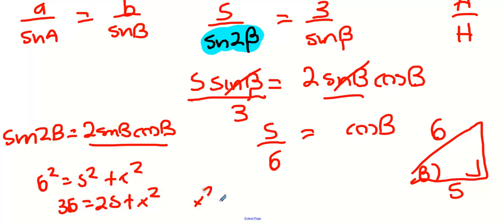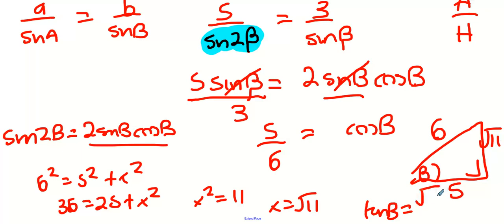X squared equals 11. X will equal square root of 11. Anybody care to tell me what tan is then? What's tan B? Tan B is opposite divided by adjacent. Root 11 over 5. And that meets the description of the question.